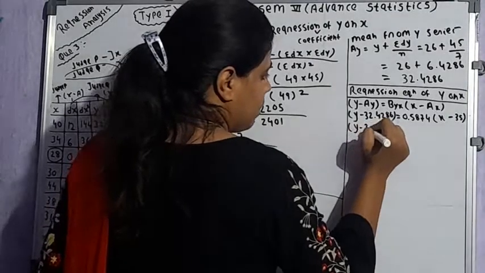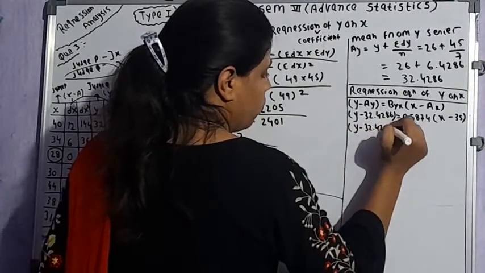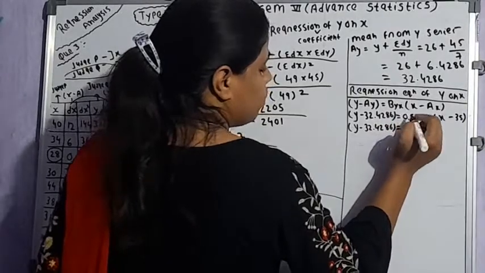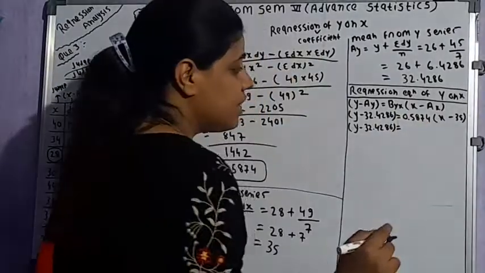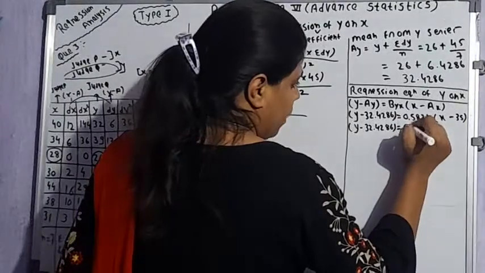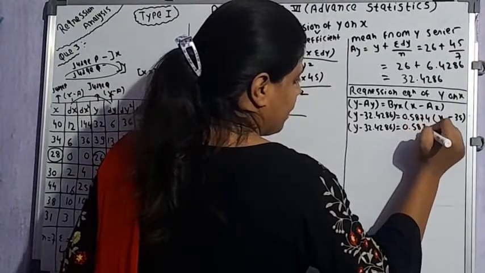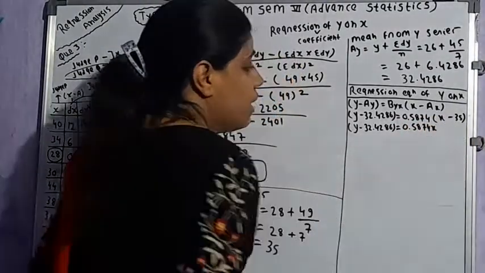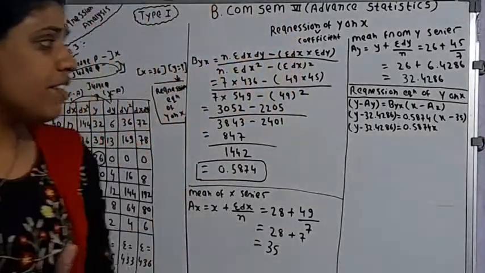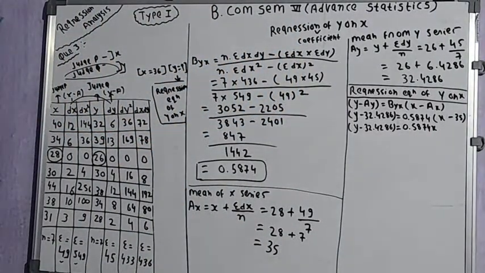Y minus 32.4286 equals 0.5874 into x, so it will come to 0.5874x. Then 0.5874 into minus 35.